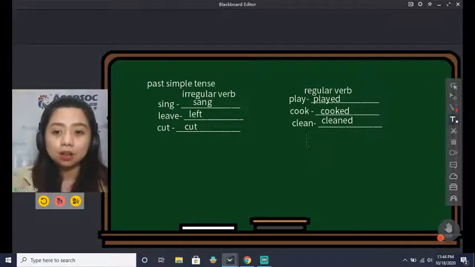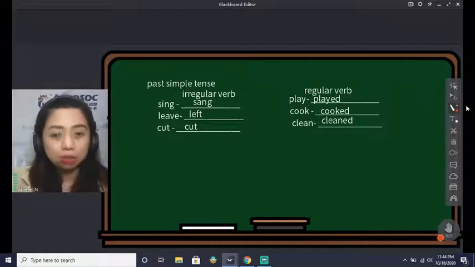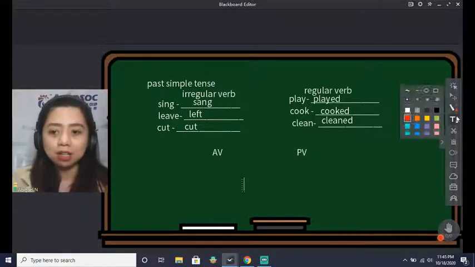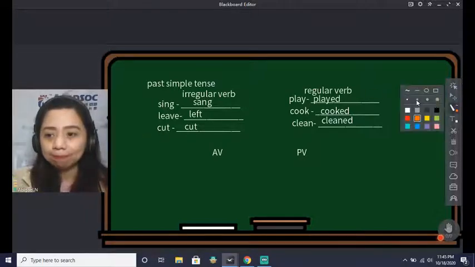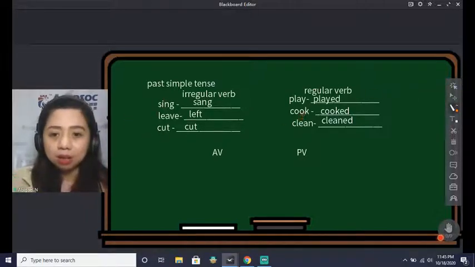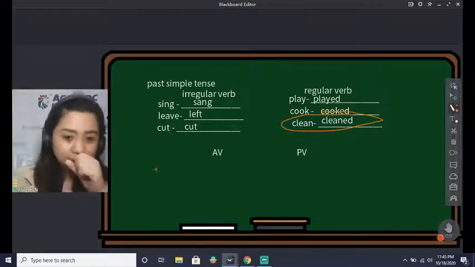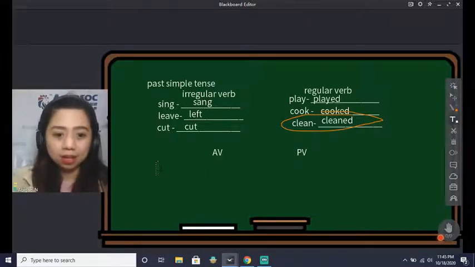Okay. So let's continue. So let's make sentences in active voice and passive voice. So here's my sentence. I want to use this verb, the last one. Okay.